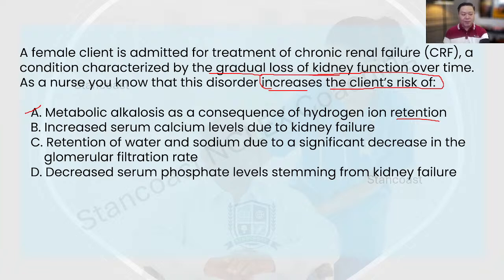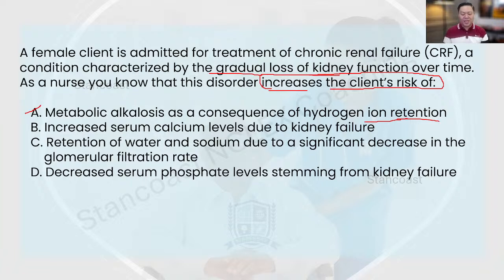So is it A, metabolic alkalosis as a consequence of hydrogen ion retention? Is it true that when your hydrogen ions are retained in the bloodstream that it will cause alkalosis? Hydrogen ions. Well, let's go through. The kidneys are going to play a big role in the normally functioning body.